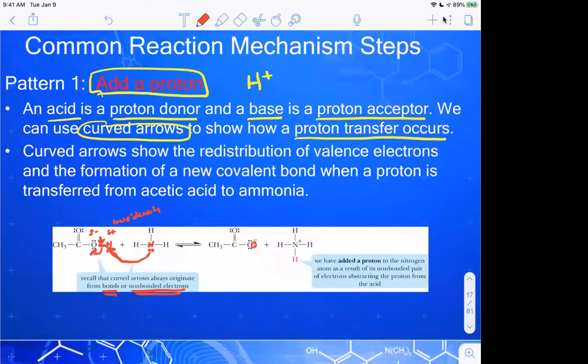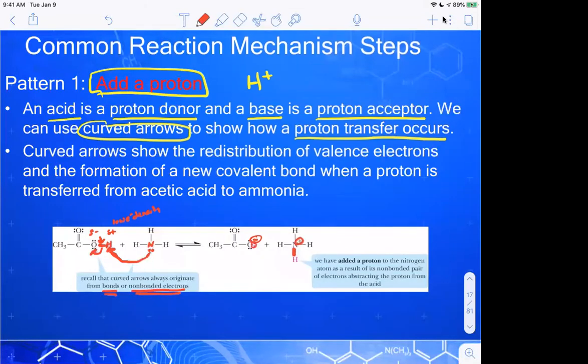And that gives it a negative charge because I have 7 electrons around that oxygen. I should have 6. And this is the new bond that is formed. And this is a positive charge because nitrogen is supposed to have 5, half the bonding is 4. That gives me a positive charge.